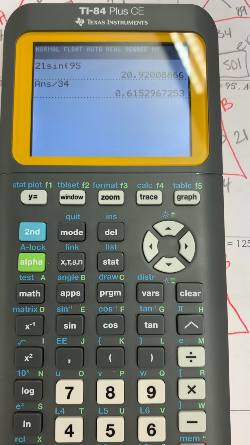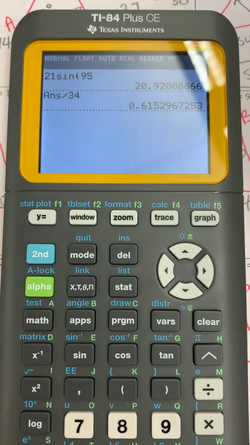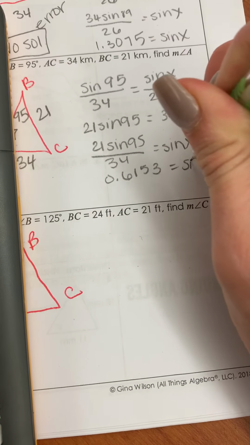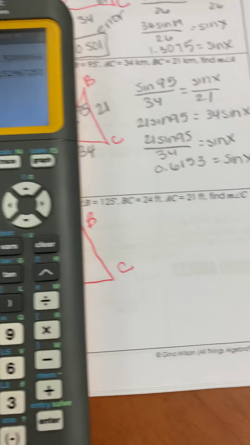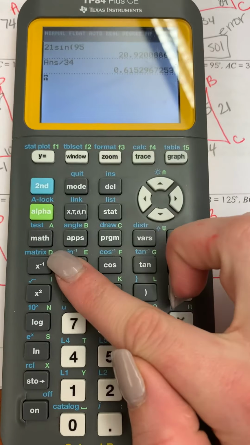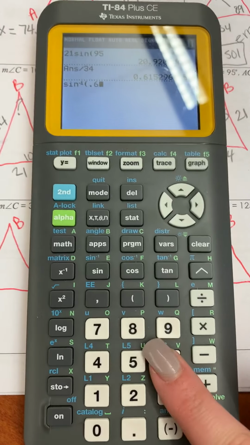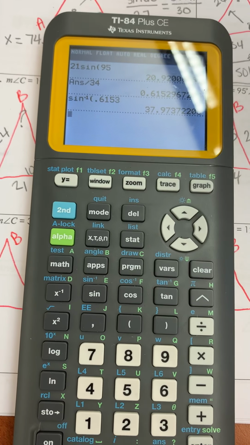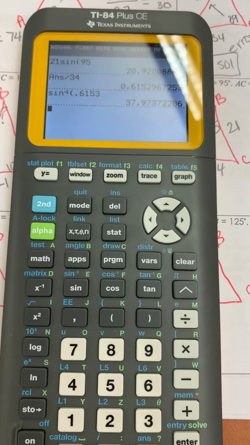I'm going to round that to 0.6153. And then I'm just going to take that inverse. I get 37.97. I'm just going to say that that is 38.